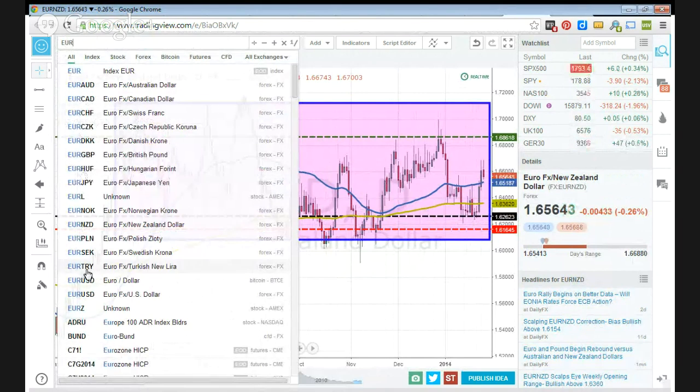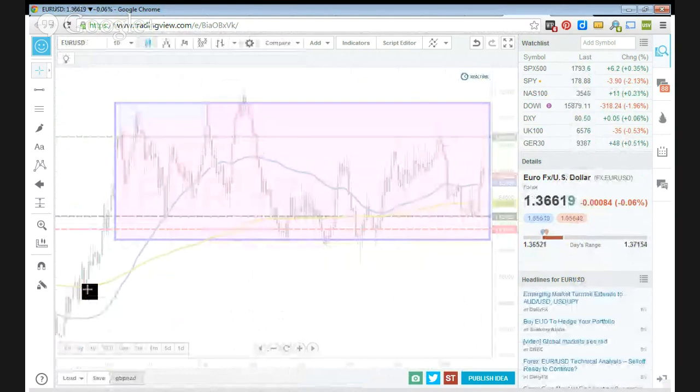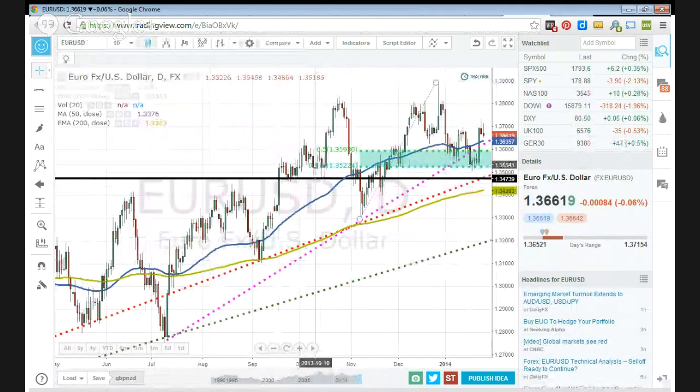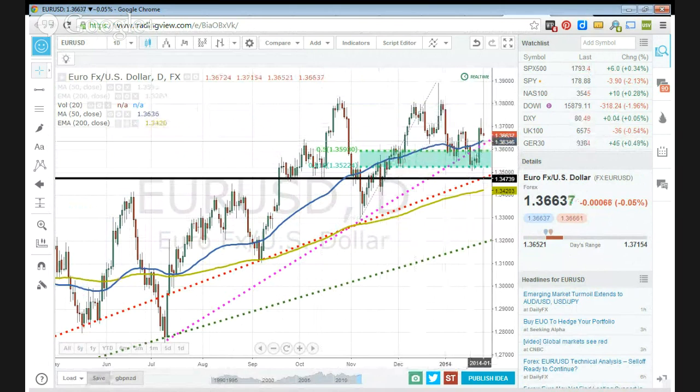Euro US dollar. Okay, this looks like it might be reversing. I think it stopped. Oh no, dollar Swiss is what I traded. Yeah, it looks like it might be reversing. I still see this as a bullish trend. But we'll see.